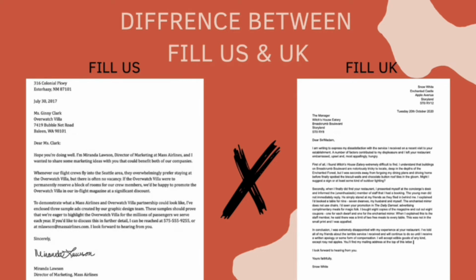Dan contoh teks UK adalah: Dear Sir or Madam, I am writing to express my dissatisfaction with the service I received on a recent visit to your establishment. A number of factors contribute to my displeasure, and I left your restaurant embarrassed, upset and, most appallingly, hungry. First of all, I found your eatery extremely difficult to find.